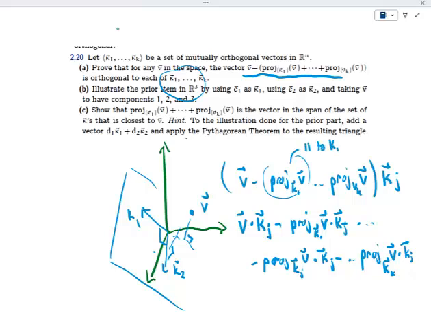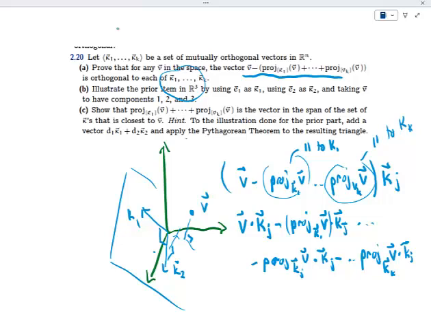This one is parallel to kappa K. Now, the projection is parallel to kappa 1, but kappa J is perpendicular to kappa 1, because they're all orthogonal.